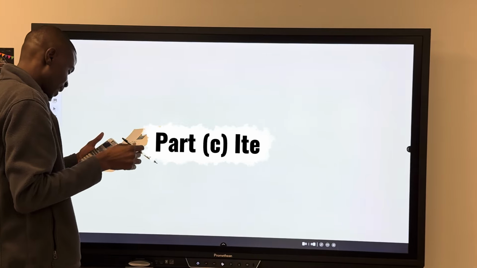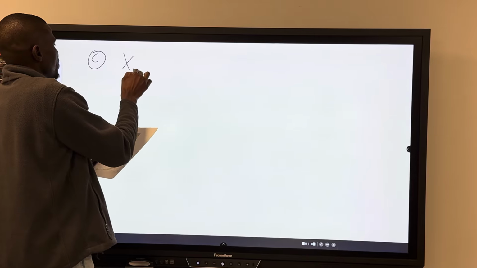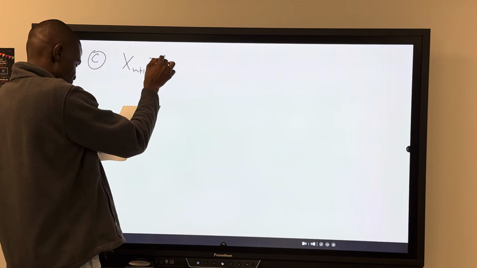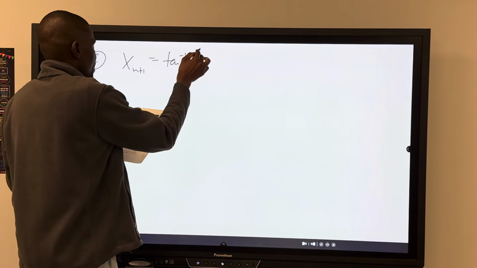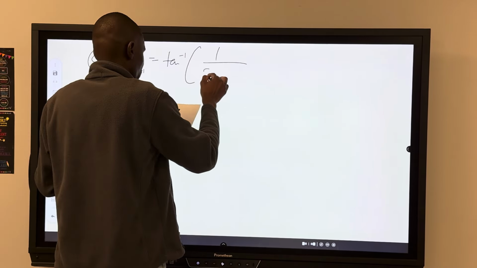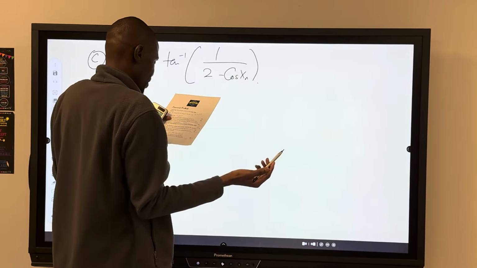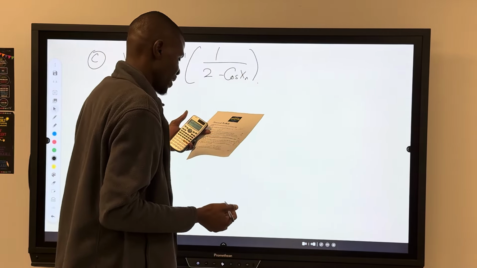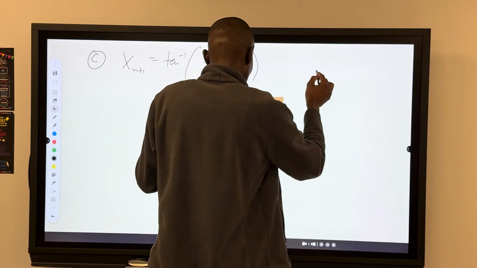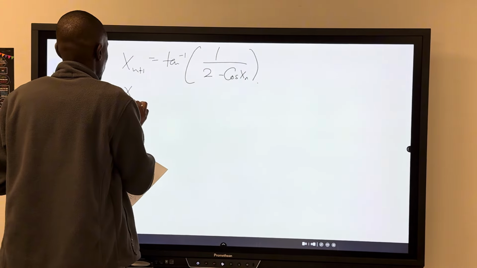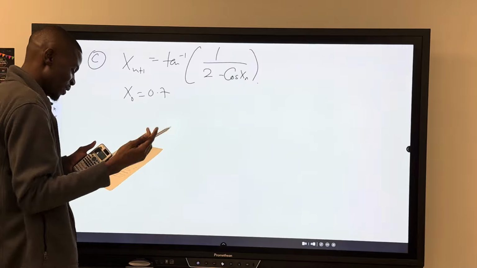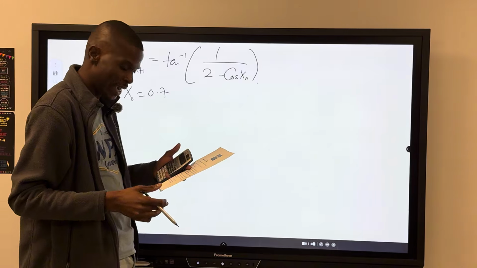Now we are given the iterative formula to use. On part C, we are using x n plus 1 equal to arctan of 1 over 2 minus cosine of x n. Between 0.6 and 0.8, the midpoint is 0.7, so I can use x0 equal to 0.7, or you can pick any value between 0.6 and 0.8.